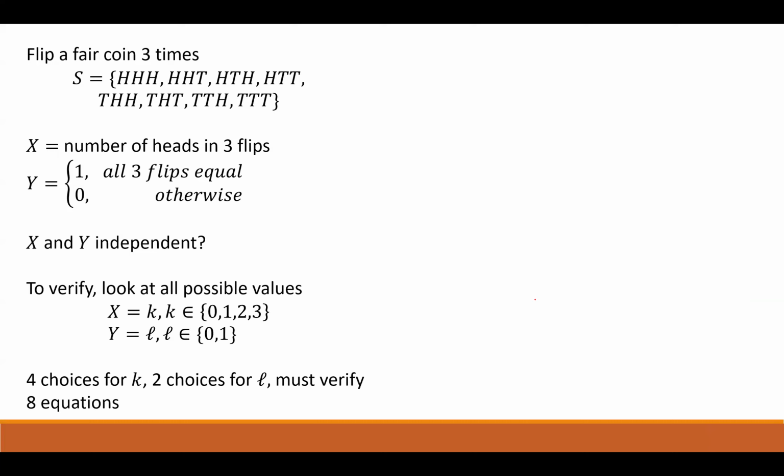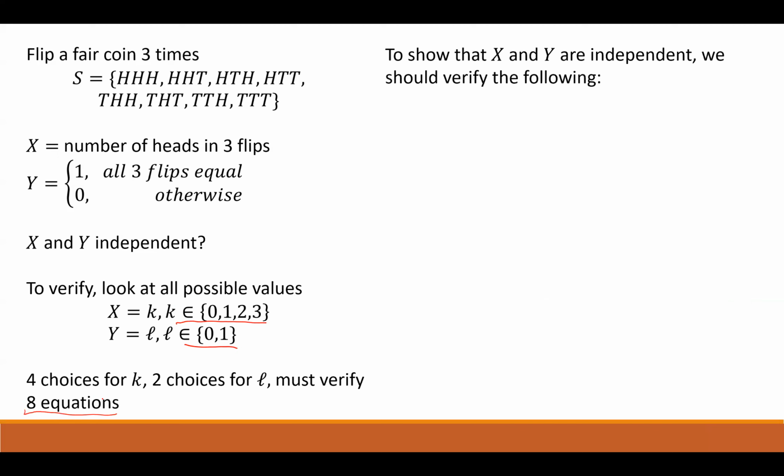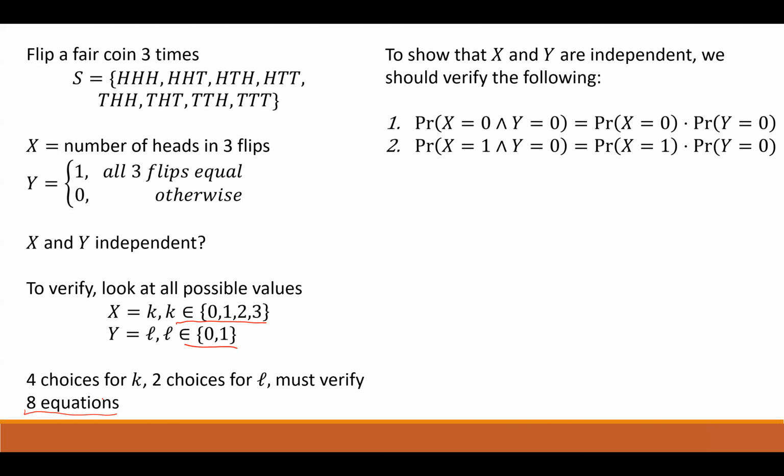If we wanted to prove that they're independent, we have to look at all non-empty values, right? So for X, it's 0, 1, 2, and 3, and for Y, it's 0 and 1. So all combinations, 4 times 2 gives me 8 different equations I would have to verify to show that X and Y are independent.